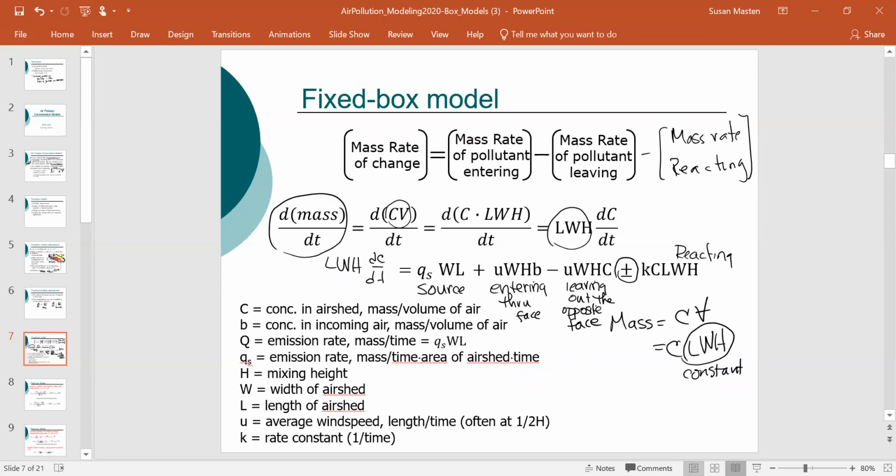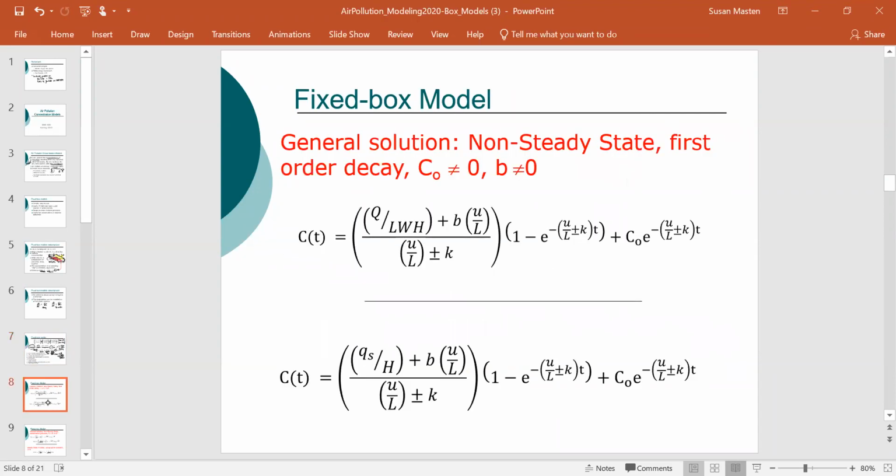So here, if it is reacting and we're losing chemical, then it's going to be negative. So that's loss. And if we have formation, then it's positive. So we can actually write this expression with either formation or loss of the pollutant I'm looking at.